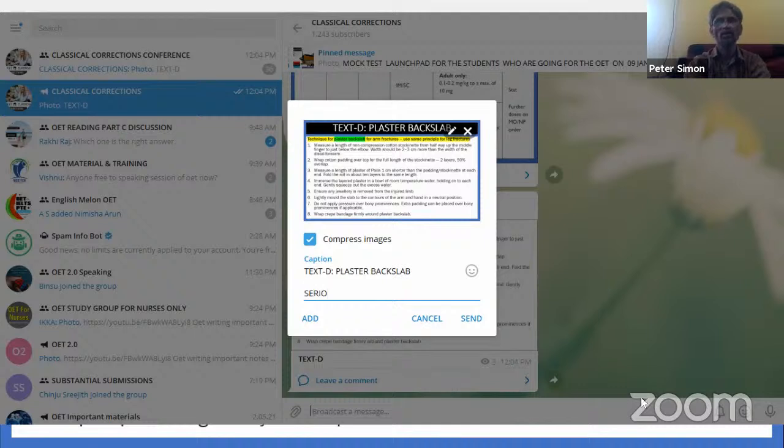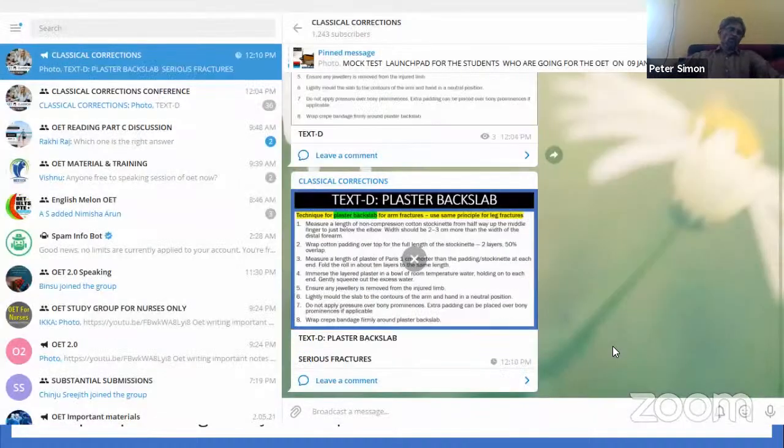You can take anything, or difficult fractures. Okay, serious fractures. Okay, whatever you want.